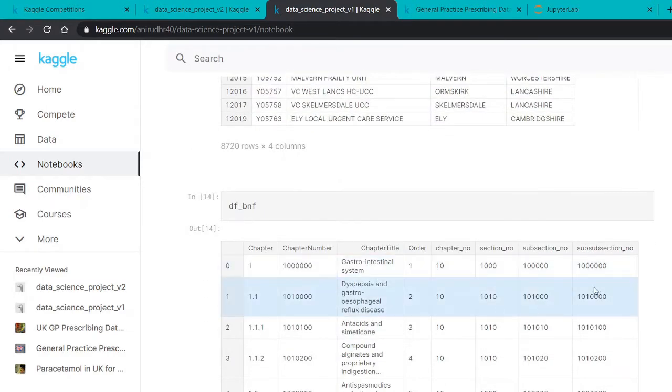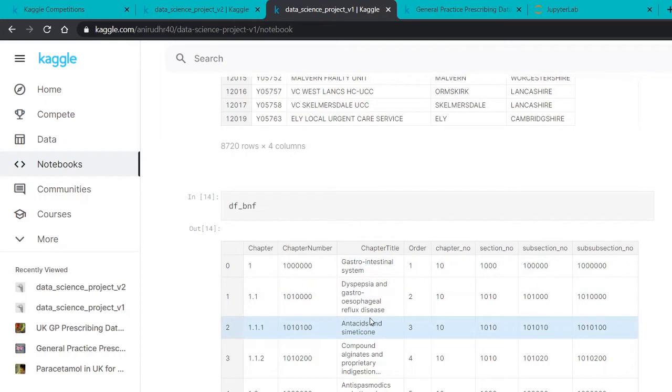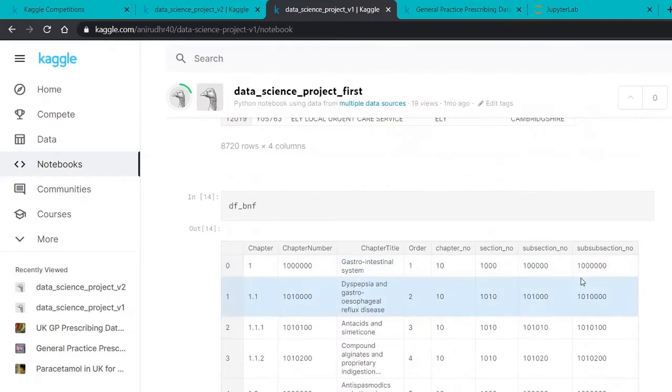Then we have the BNF data frame, wherein each chapter title, for example gastrointestinal system, is present, along with chapter number, section number, subsection number. This subsection number corresponds to the first 7 digits of the BNF code.